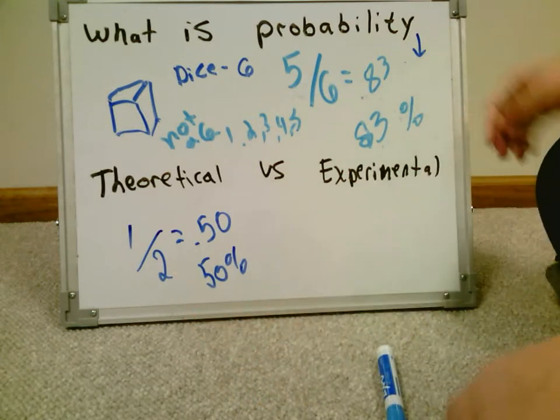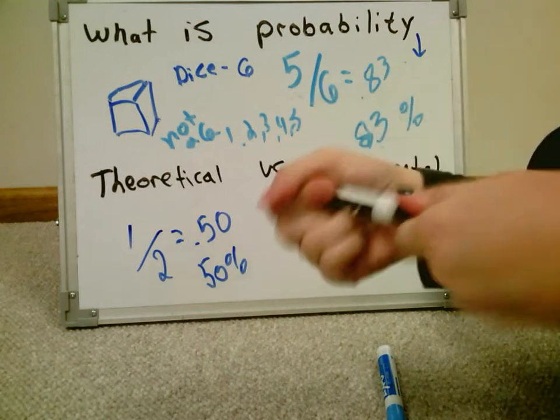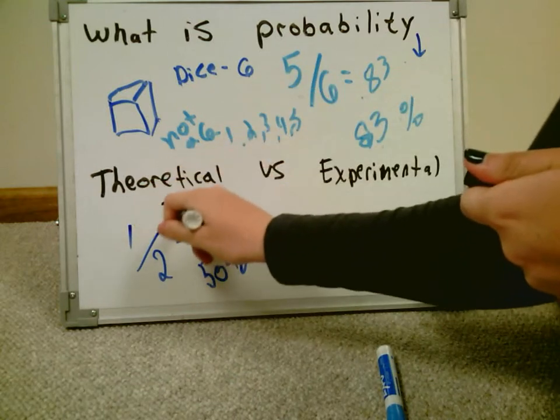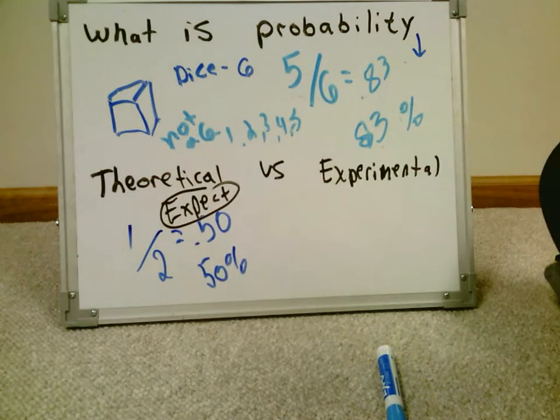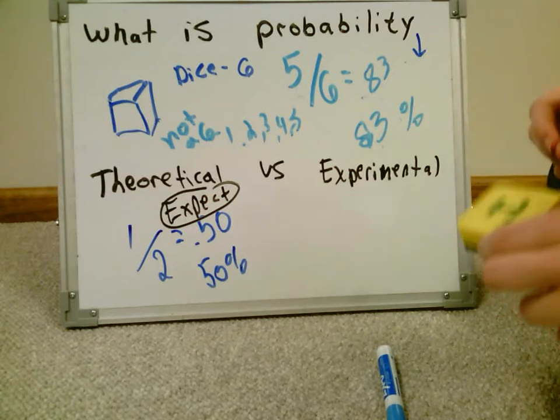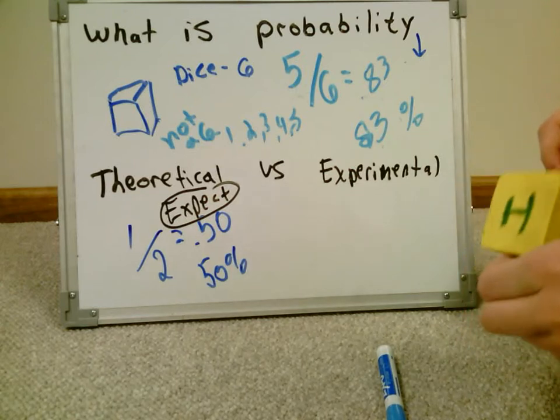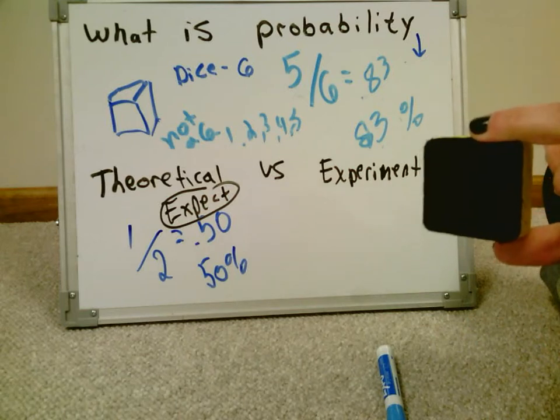There's the key word there that makes this different, is I expect. Theoretical is what you expect to happen. Okay, flipping a coin, I expect that 50% of the time I'll get heads, 50% of the time I'll get tails.